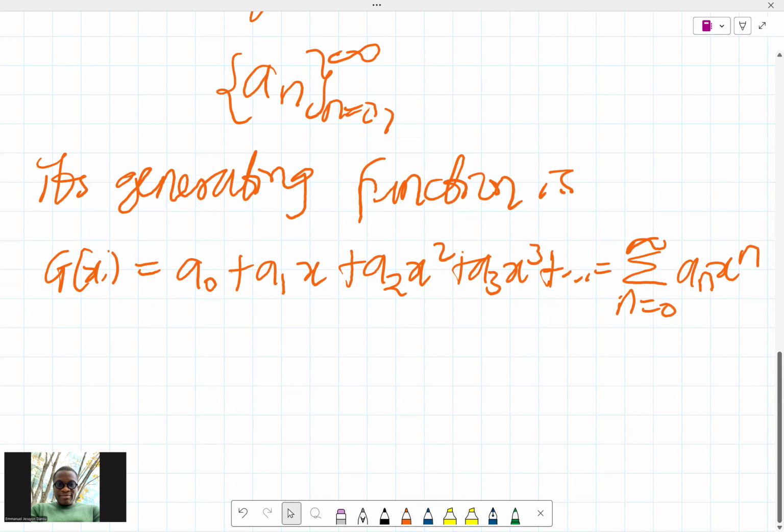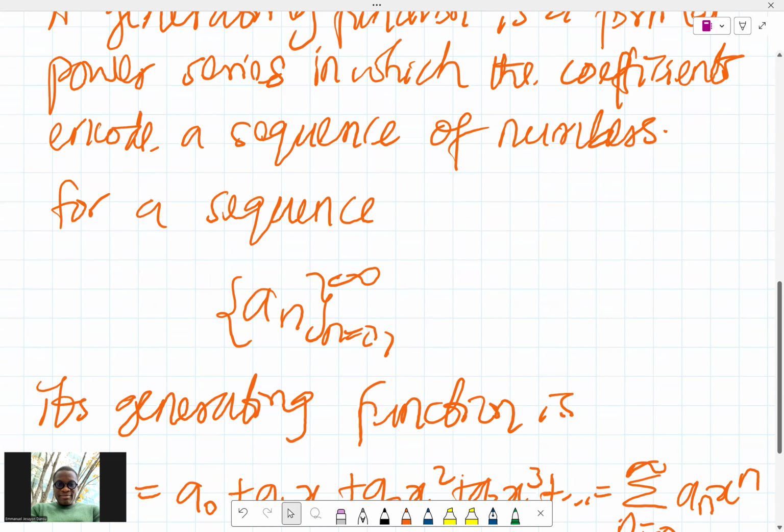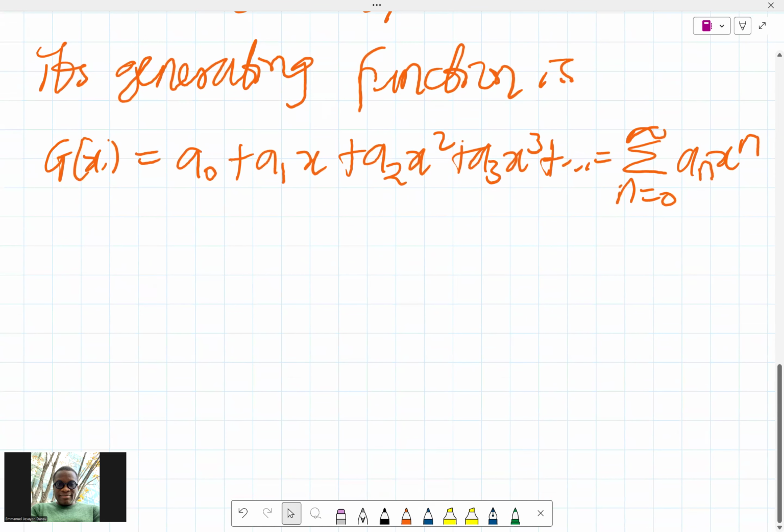So it basically talks about the coefficients. I think there's an emphasis on the coefficients. A generating function is a formal power series in which the coefficients encode a sequence of numbers. So the focus is on the coefficients.